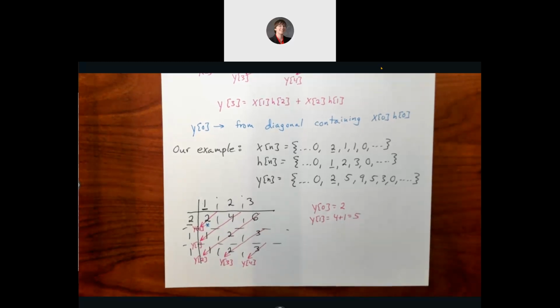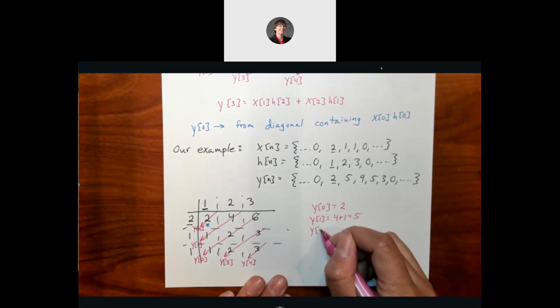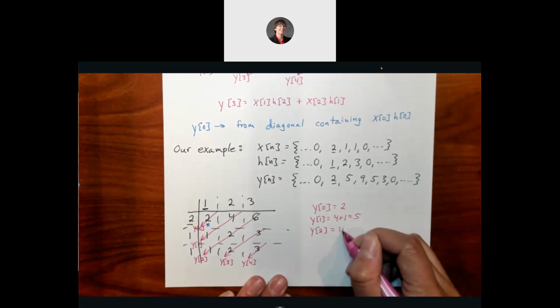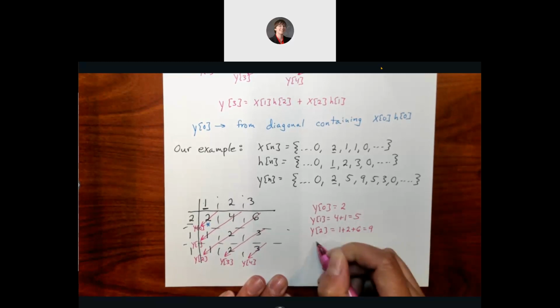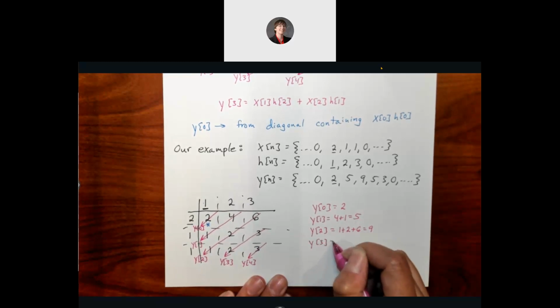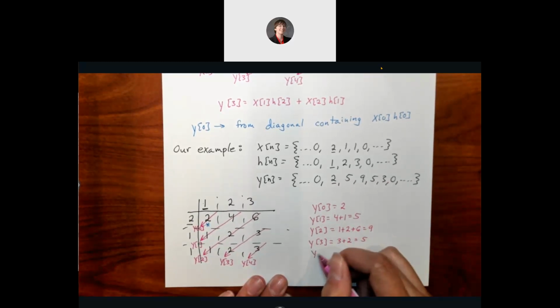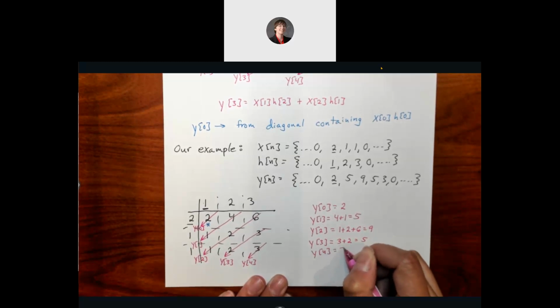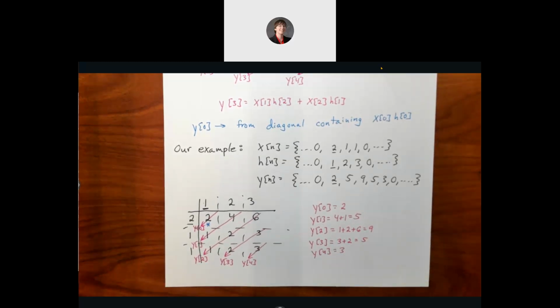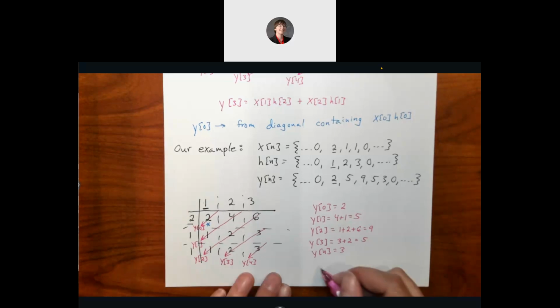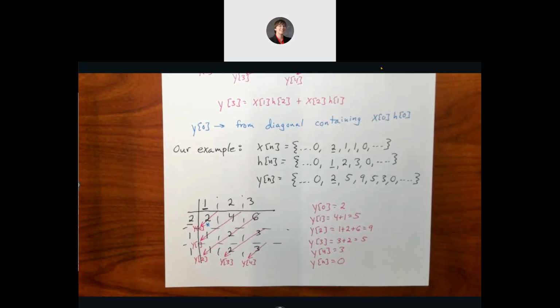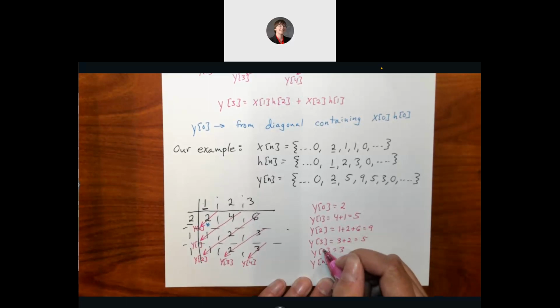For y1, I have 4 and 1. y2, and as we see, comparing to what you get from doing the summation directly, we get the same result. And all the elements that we don't have are just 0.